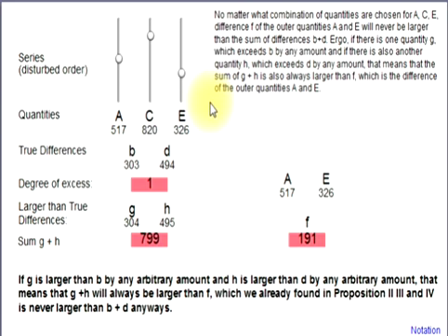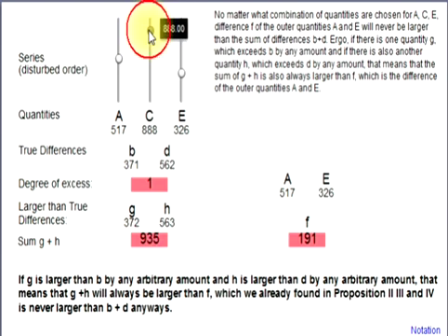But as you see, the same principle applies as in Proposition 4. As soon as I am in the range of a disturbed order, I tend to move the middle element, being C, away from both the outer elements, which of course makes the sum of the differences very large, because this difference is going to increase for both of them.